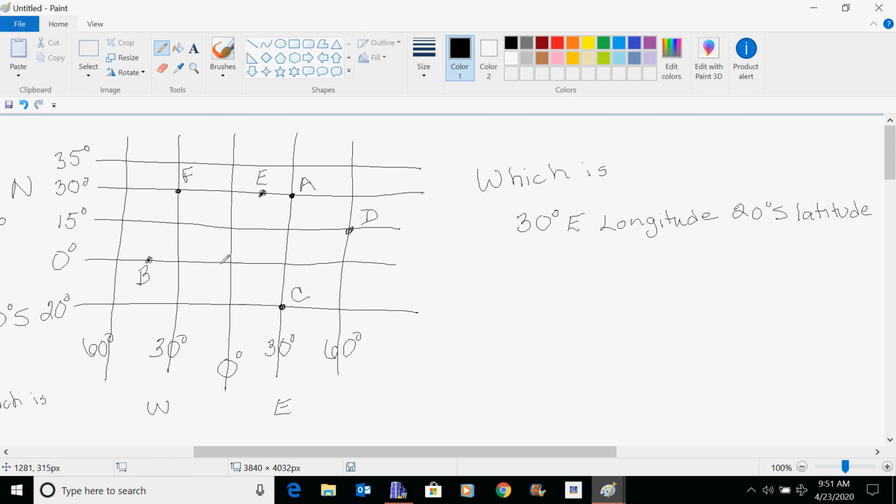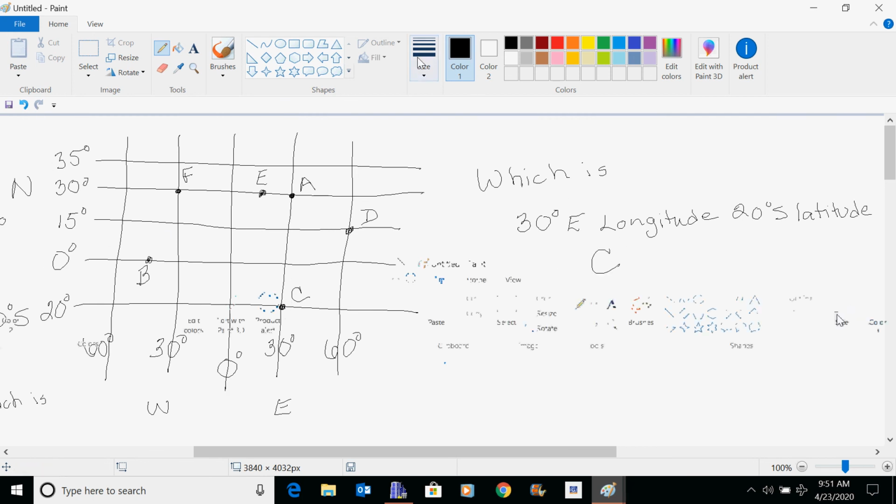So that would be the longitude, remember, this way. We look for 30 degrees east, and then we look at 20 degrees south, because north is this way and south is this way, and that would be city C. I'll make this a little darker.